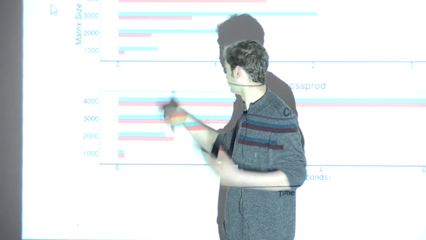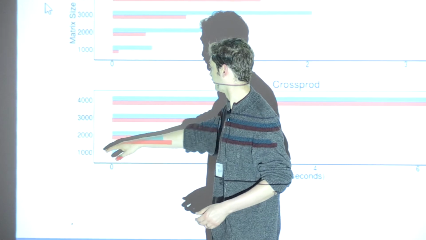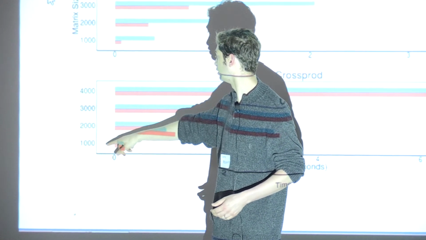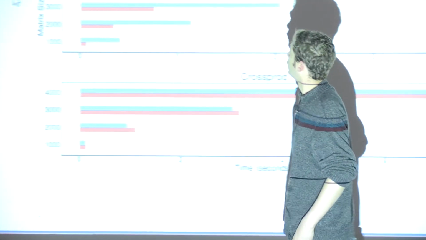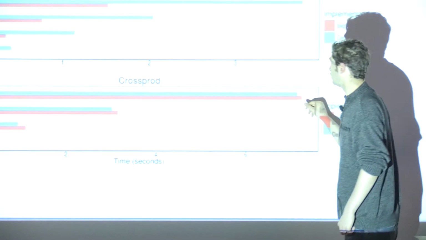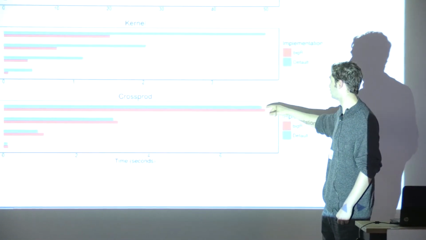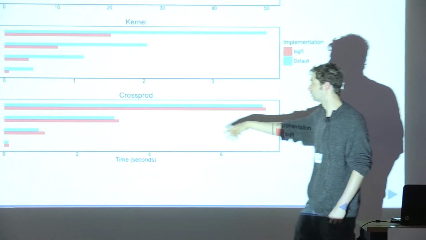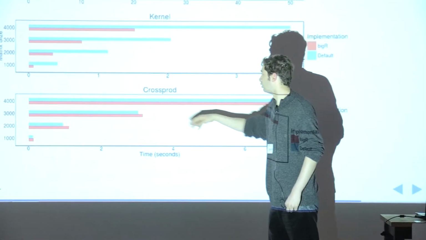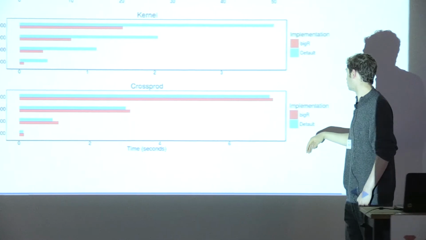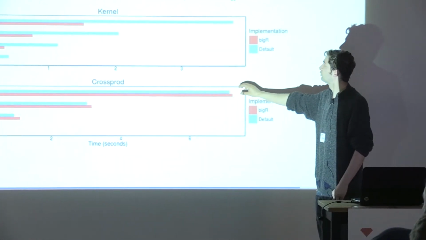Over here, we have the matrix size. This is literally hot off the press, so it's only going up to 4,000 here. But you see, we have at least some speed gains in most scenarios, with the exception of a near tie, or even slightly slower, on crossprod.